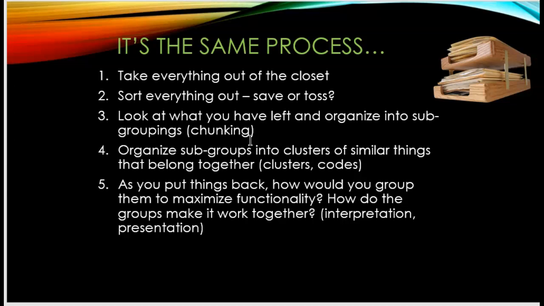Chunking is the idea of taking text that you've been reading and highlighting the parts of the text that are all about the same thought. It's something that you can do instead of line-by-line coding. So you go through with a highlighter on the transcript and you highlight different areas in different colors based on what it is they seem to be talking about.